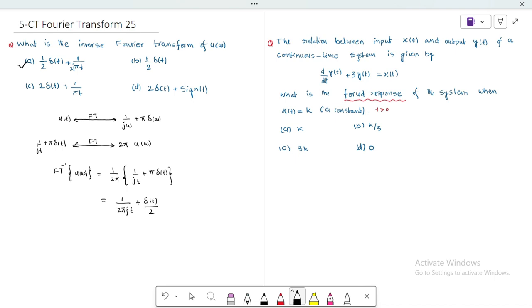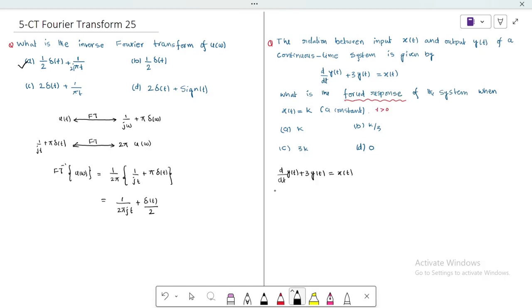I'll show you. First of all, this is a first order differential equation. Actually, we can do this with the help of network theory and also in the Laplace method. But here I would like to solve this with the help of the Fourier transform. So d by dt of y of t plus 3 into y of t equals x of t.